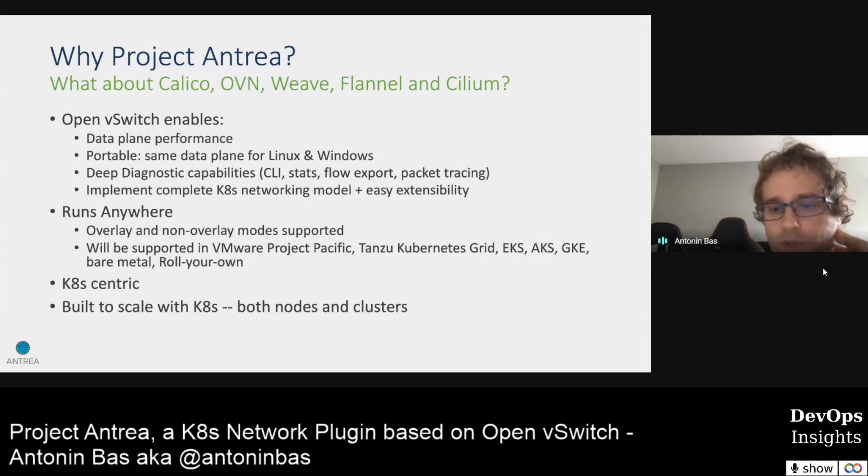And finally, one notable point is that Antrea was built specifically to implement Kubernetes networking, and it's specific to Kubernetes, and we try to use Kubernetes design principles and Kubernetes libraries as much as possible in the design of Antrea.